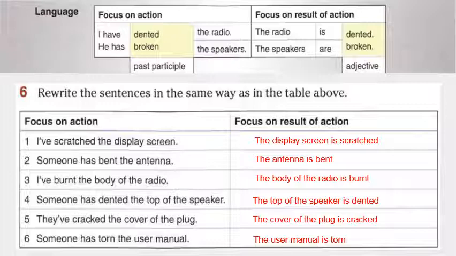Torn, this is something is damaged. This is the equal meaning of tear, but this is the past participle of tear. So, someone has torn the user manual. So, the user manual is torn. Tear, torn, torn. Tear, torn. Okay?